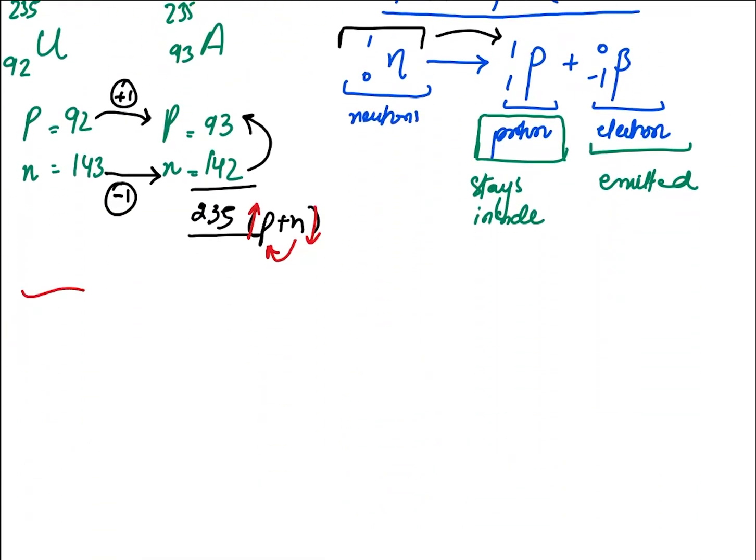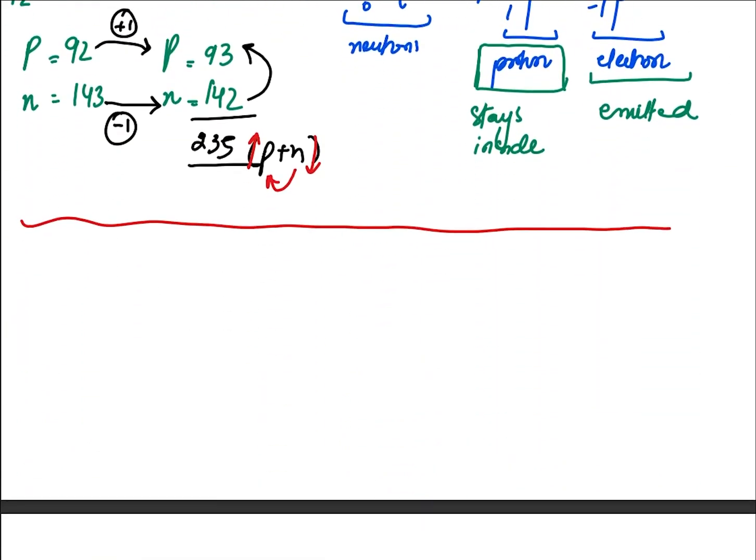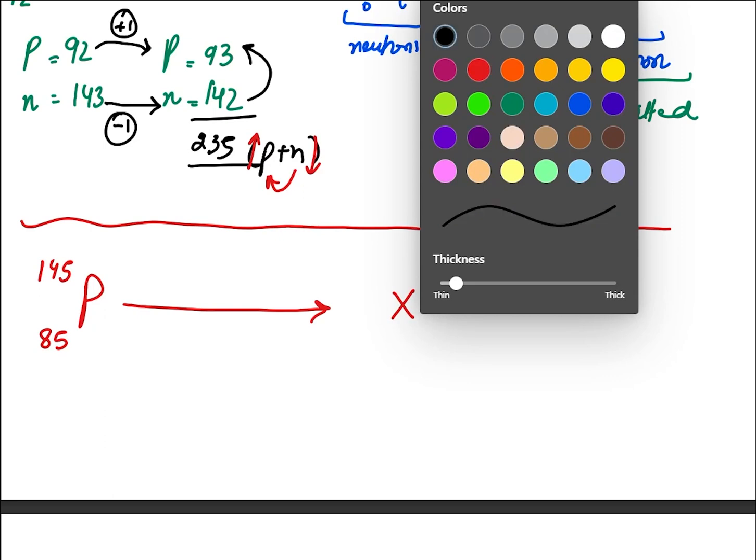Let's take out another random example. For example, we have a particle P, a radioactive element. Let's say it has 145 mass number, and let's say this is 85. It decays to become something new. Let's say a particle X, right?